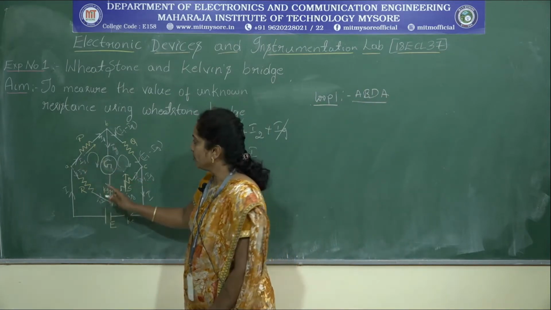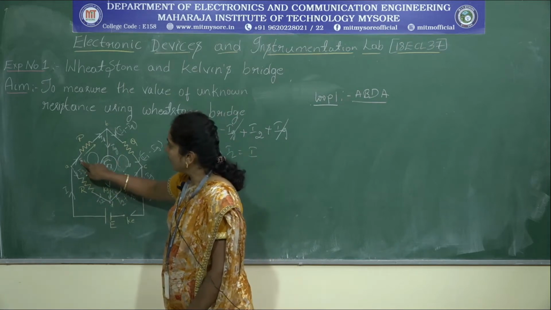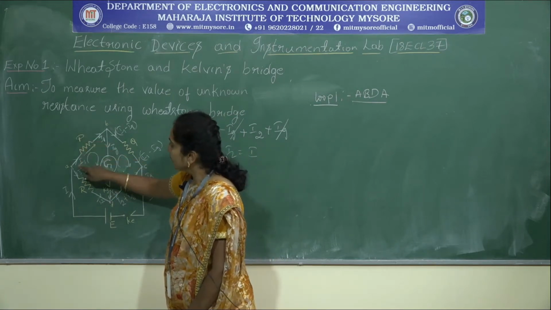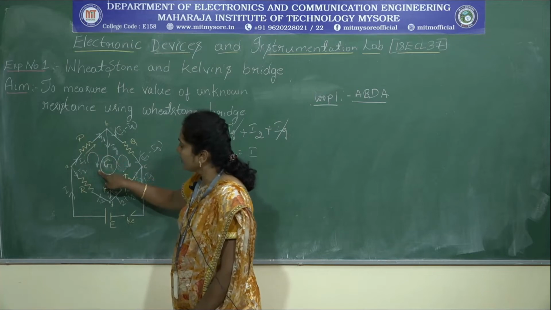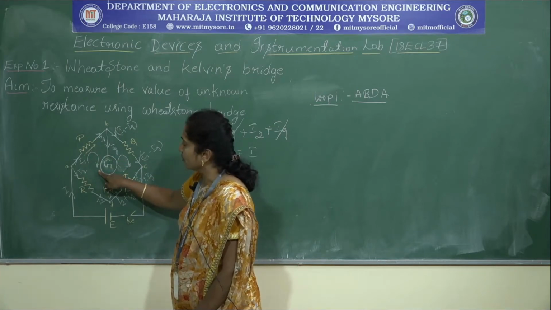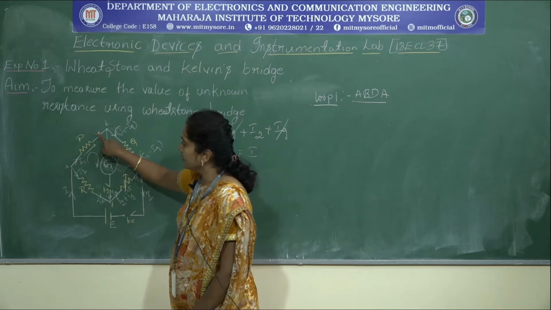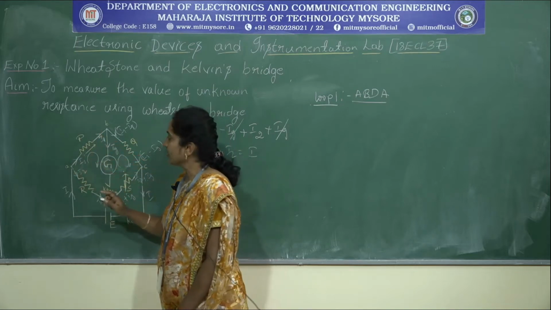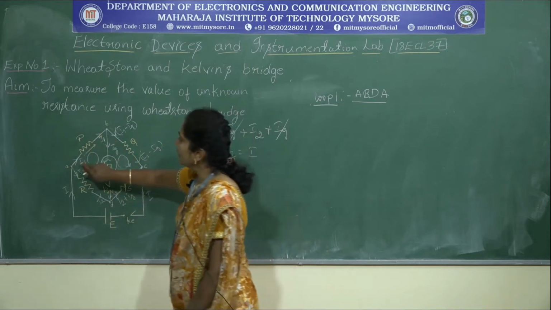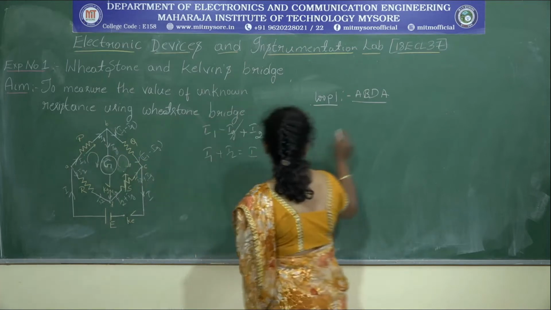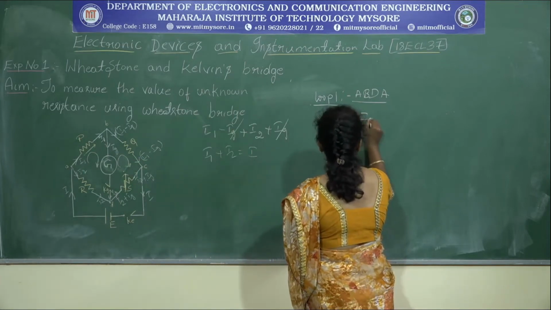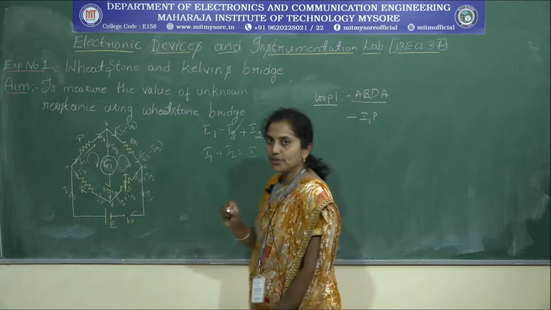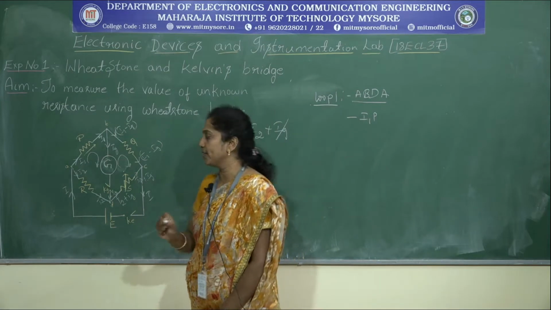Applying KVL, I1 into P, the current is in the positive direction, clockwise direction. Having the law, we have I1 into P. Have you studied this in the previous semester?